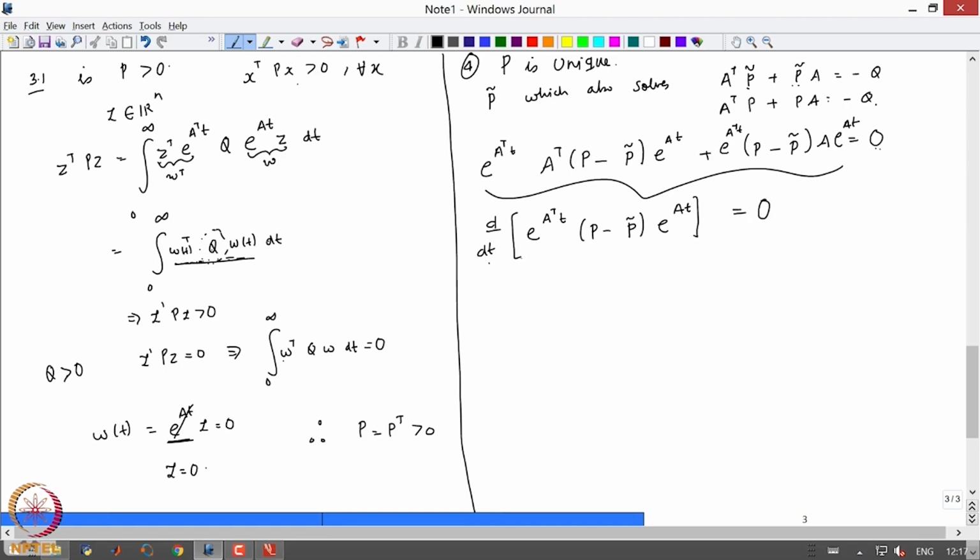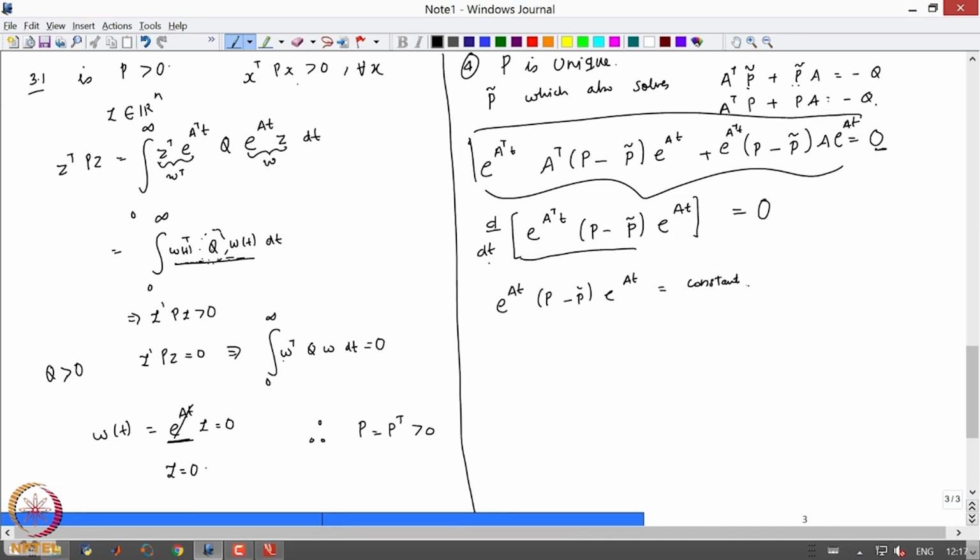D by dt of this entire quantity expands to this big expression here. And what do I know of this expression? That this actually is 0. Okay, when d by dt of something is 0, I know that e power A transpose t (P minus P tilde) e power A t is some constant.